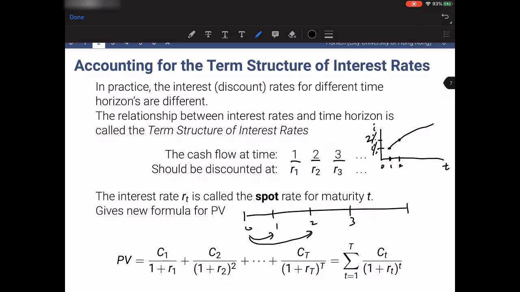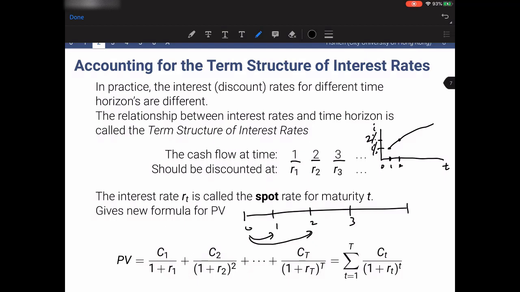R1, R2, R3. They could be the same, they could be different, but the point is that imposing any sort of assumption that they're the same is probably too strong. Okay, so in the case in which we have riskless cash flows in year 1, year 2, year 3, and so forth, we should actually be discounting them using interest rates according to the term structure of interest rates.